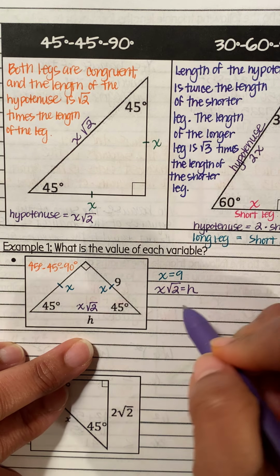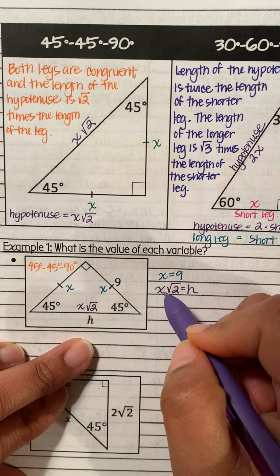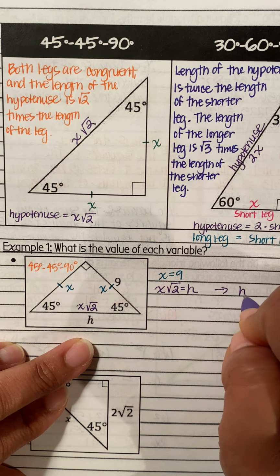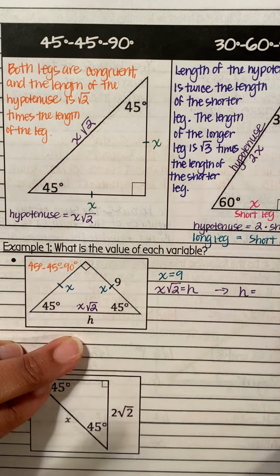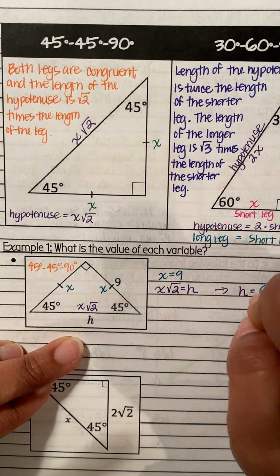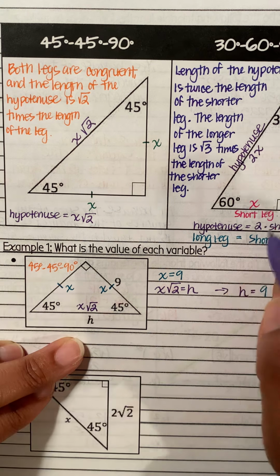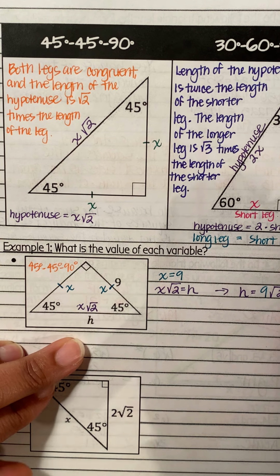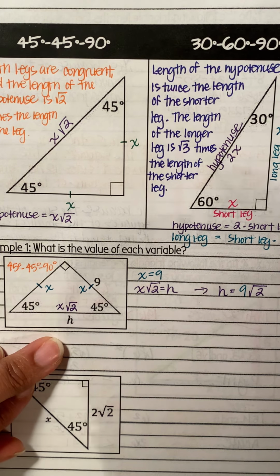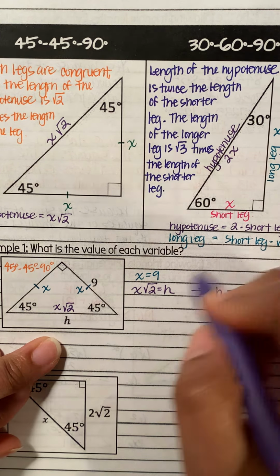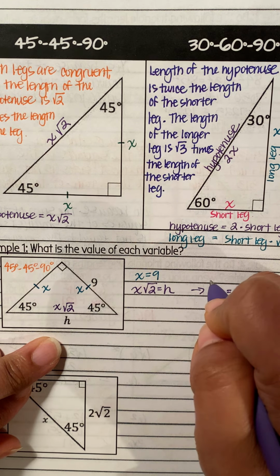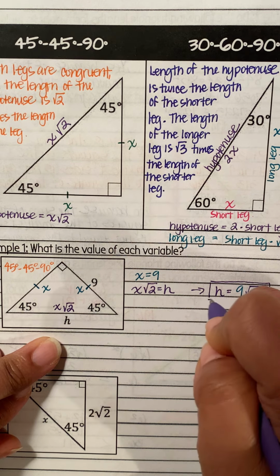I'm just going to substitute in what x is equal to. So h is going to be equal to my x, which is 9, multiplied by the square root of 2. Okay, let me move this over. There we go. So we know what our variables are, and h is equal to this.